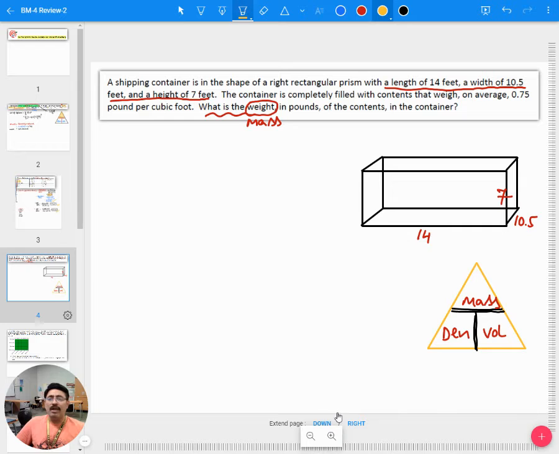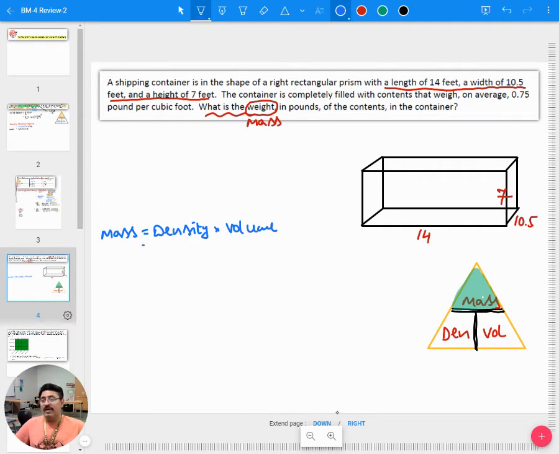Now coming to this one. You are asked to find the mass, therefore you may mask this one. What is left is density and volume, occurring side by side. Therefore, mass equals density times volume.